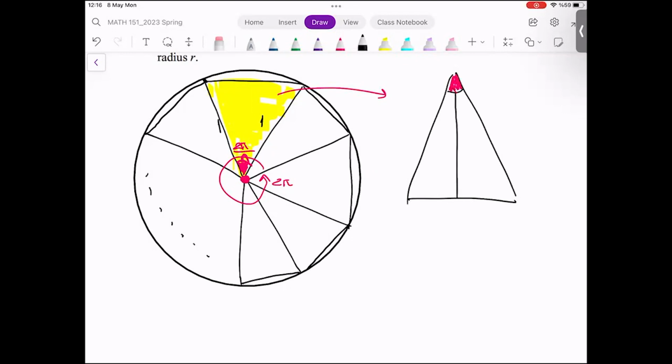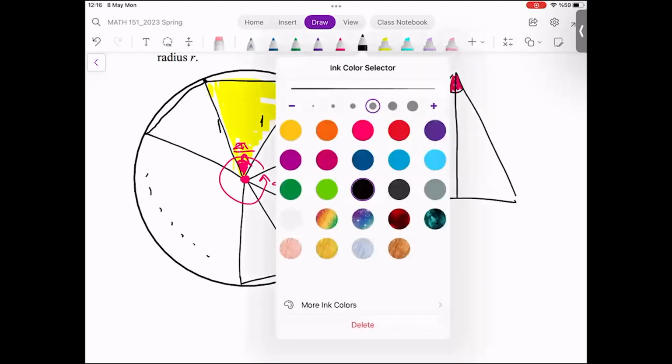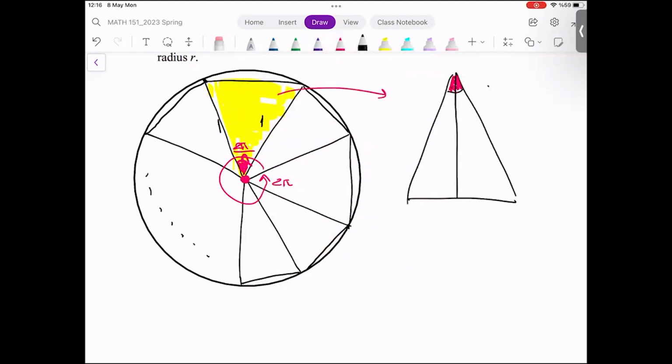Now I am interested in the area of this triangle. Our aim is to find the area of it. Okay, the total measure was 2 pi over n. I divided it into 2 parts. That's why divided by 2, it should be pi over n. And then of course these two lengths are equal.